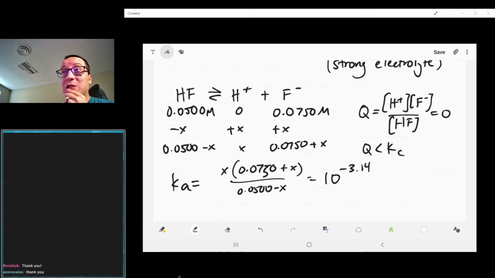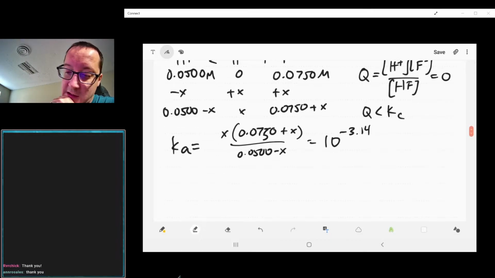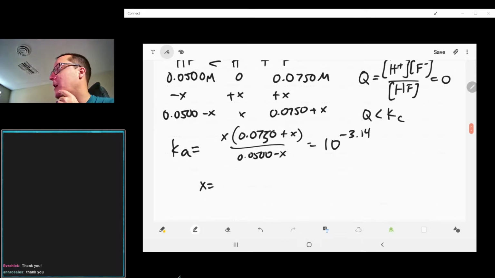If we wanted, we could try an assumption, and we would end up with X being, let's see, what is that going to be? 1.5x equals that 10 to the whatever. We can try that, but let's just solve for X mathematically here. So let's pop it into Wolfram and see what we get.